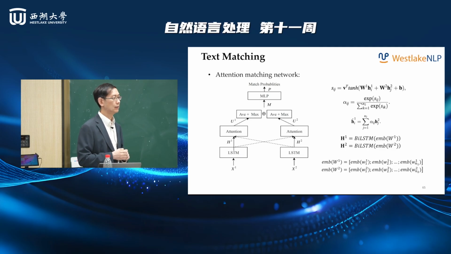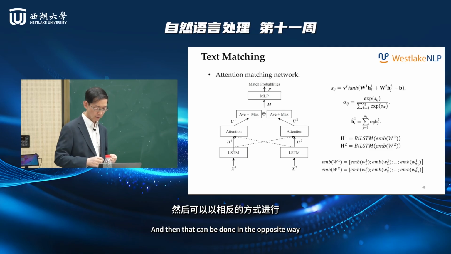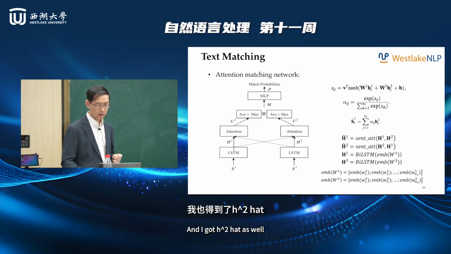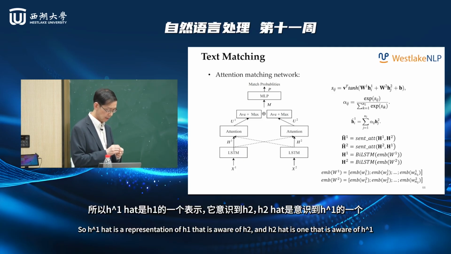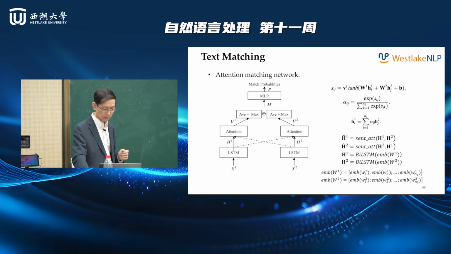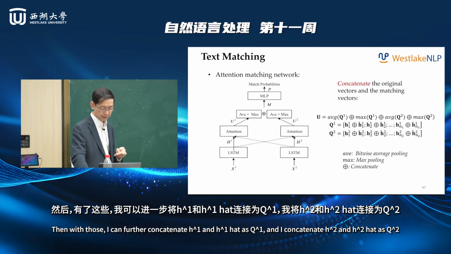Okay, and then that can be done in the opposite way. And I got H2 hat as well. So H1 hat is a representation of H1 that is aware of H2, and H2 hat is one that is aware of H1. Then with those, I can further concatenate H1 and H1 hat as Q1. And I concatenate H2 and H2 hat as Q2.